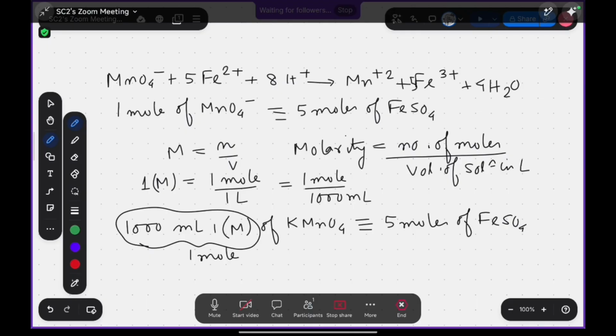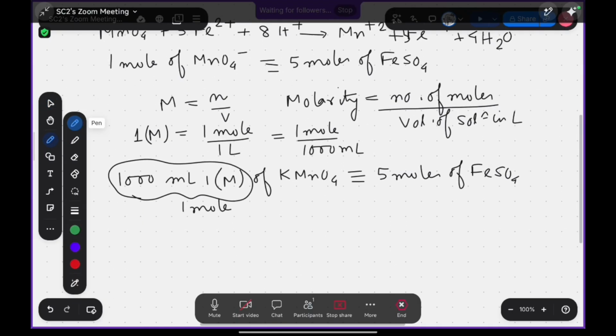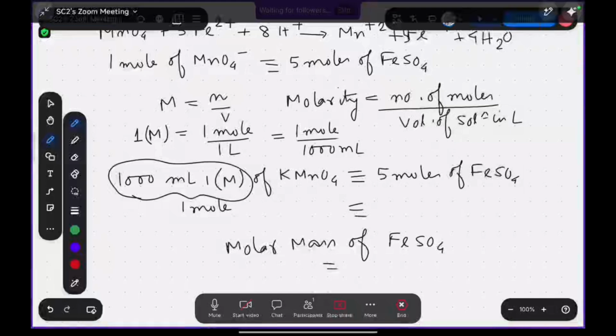1000 ml 1 molar means 1 mole. So what can we solve in this way? Next, if I convert these moles to gram, what is the molar mass of ferrous sulfate? For iron it is 55.5, so let's consider this as 56, plus sulfur 32 and oxygen 16 into 4.